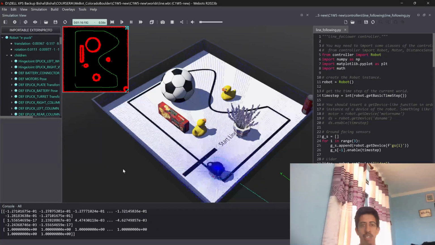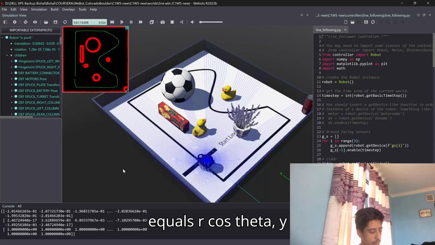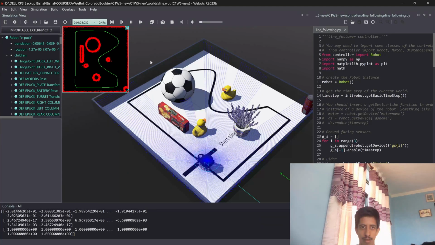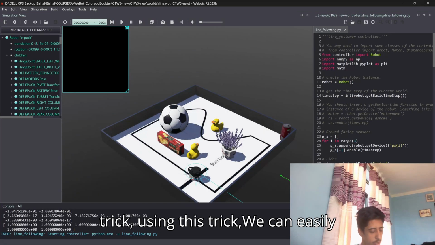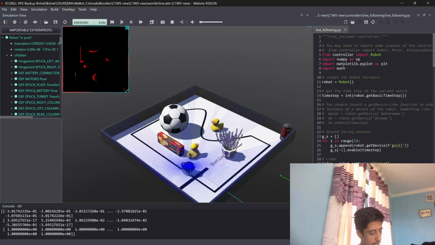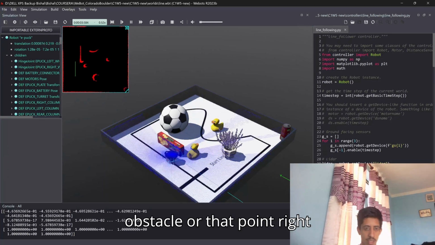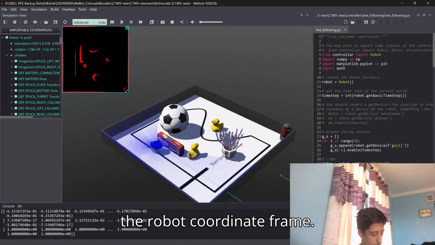After we have that, the old trigonometry trick, right? x equals r cos theta, y equals r sin theta. This is the old trigonometry trick we've been using in various mathematics classes. Using this trick, we can easily determine the x and y position of that point relative to the robot coordinate frame.